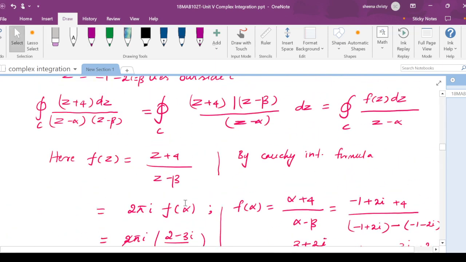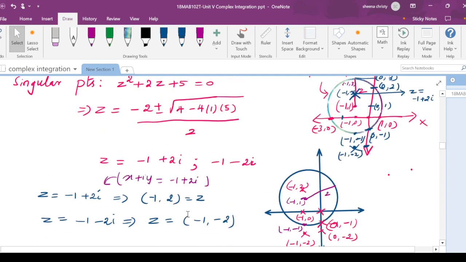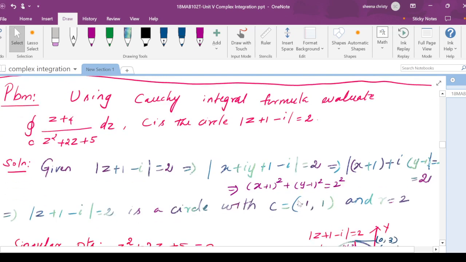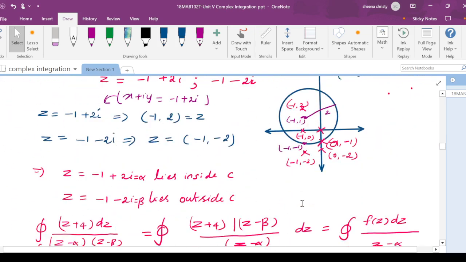So here, this problem is a little bit tricky to find out the circle. If you are having the contour given in this form, you have to do it in this manner. Hope you all understood. We'll do the next problem.